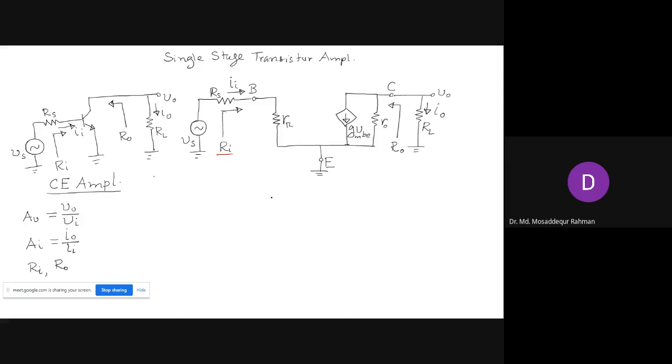The amplifier is represented by this triangle. It has an input terminal and an output terminal, right? At the input, you connect the source, and at the output, you connect the load.